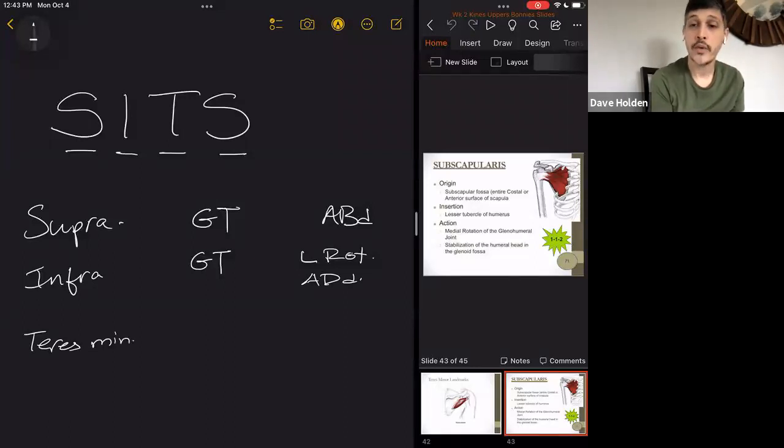Teres minor originates on the upper 2/3 of the lateral border of the scapula. It also inserts at the greater tubercle of the humerus. It is also a lateral rotator and an adductor.